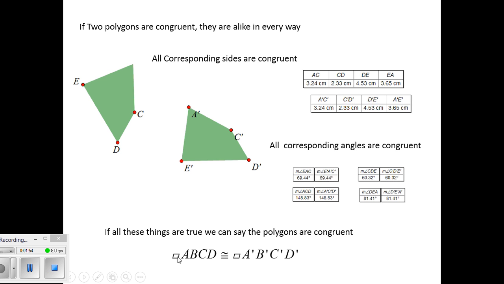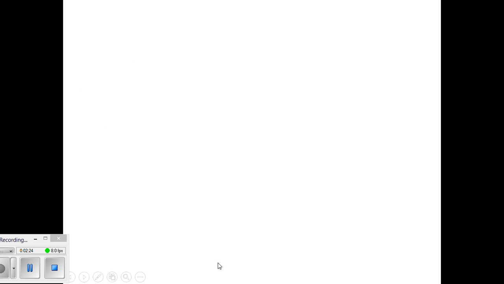The polygon ABCD is congruent, here's our congruent symbol, the equal sign with the little wave over top, to A prime, B prime, C prime, D prime, which means side AB matches up with side A prime B prime. Side CD matches up with side C prime D prime. So all the corresponding sides, and angles C and C prime match up. This arrangement tells you which sides are congruent and which angles are congruent.